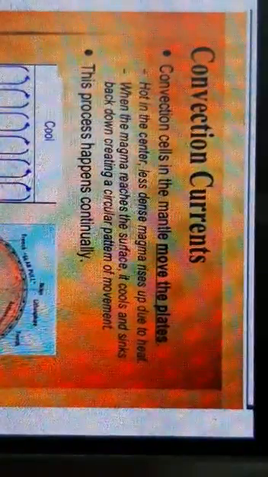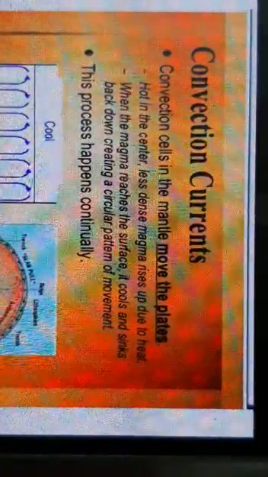So let's see the convection currents. As we already studied, convection cells in the mantle move the plates. In one word, the force that makes the plates move is the mantle convection, driven by radioactive elements.